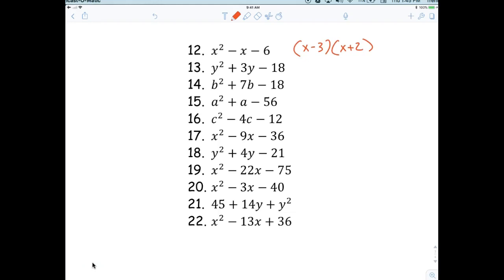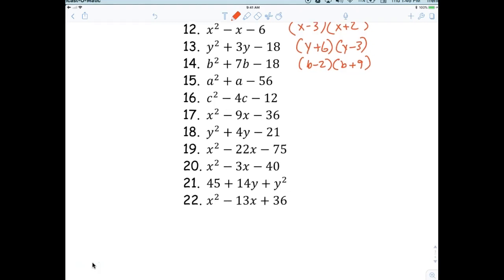That's what I'm hoping you can do. Number 13. Good job. Y plus 6, y minus 3. Somebody else now for 14. Perfect. Very good. All right, what about 15, please?